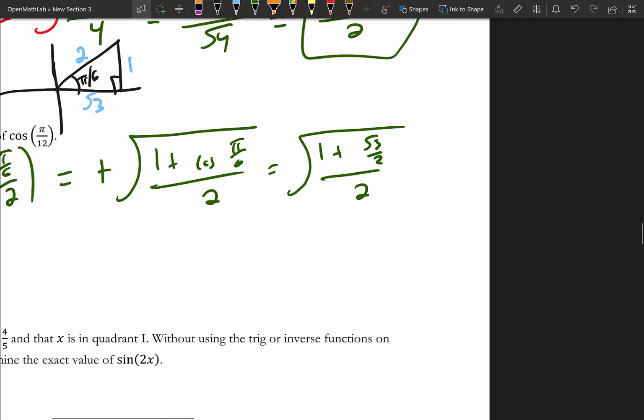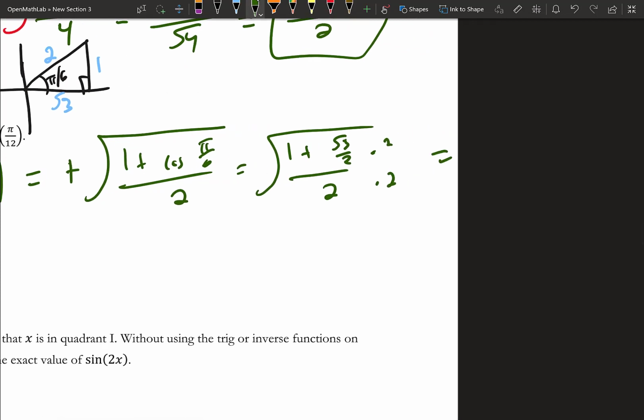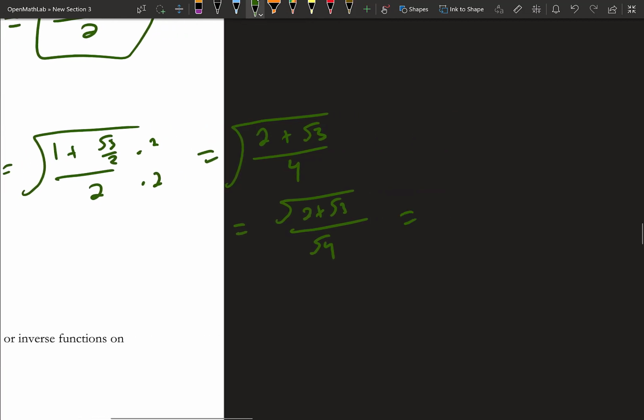Similarly, I'm going to multiply the top and bottom by 2 to make this a little cleaner, and I'm choosing that because of the denominator under radical 3. So this would be the square root of 2 plus radical 3 all over 4. Then we can simplify this: the square root of 2 plus radical 3 all over radical 4. Radical 4 is just 2, so this would be the square root of 2 plus radical 3 all over 2. And that's simplified.